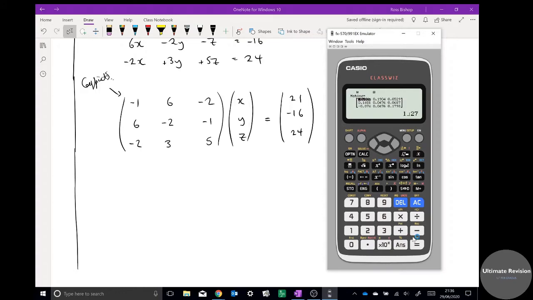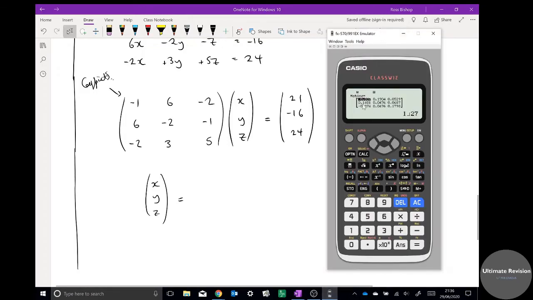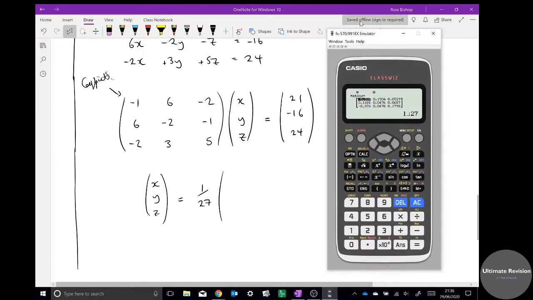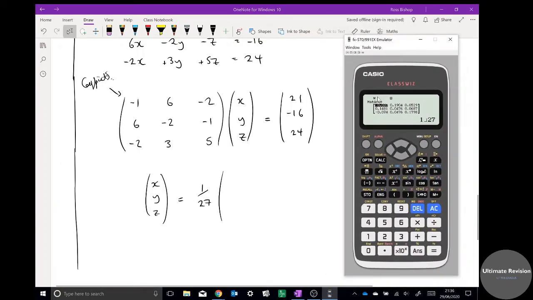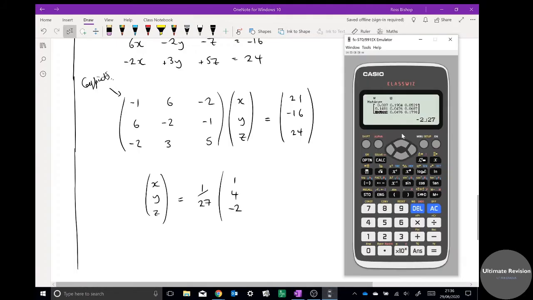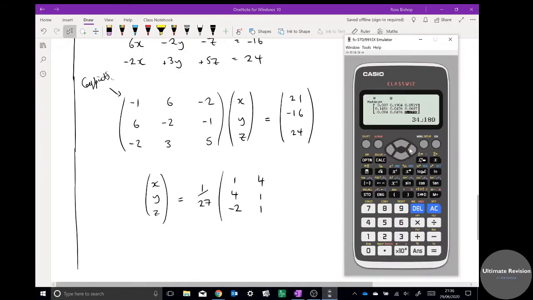So the inverse is, so x, y, z is going to equal that inverse, which is 1 over 27, 1, 4, minus 2, 4, 1, 1, finally 10, 13, 34.